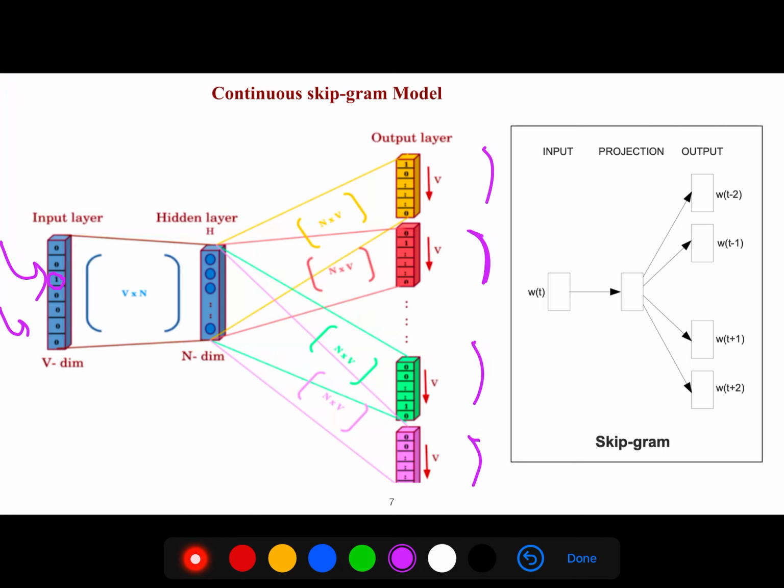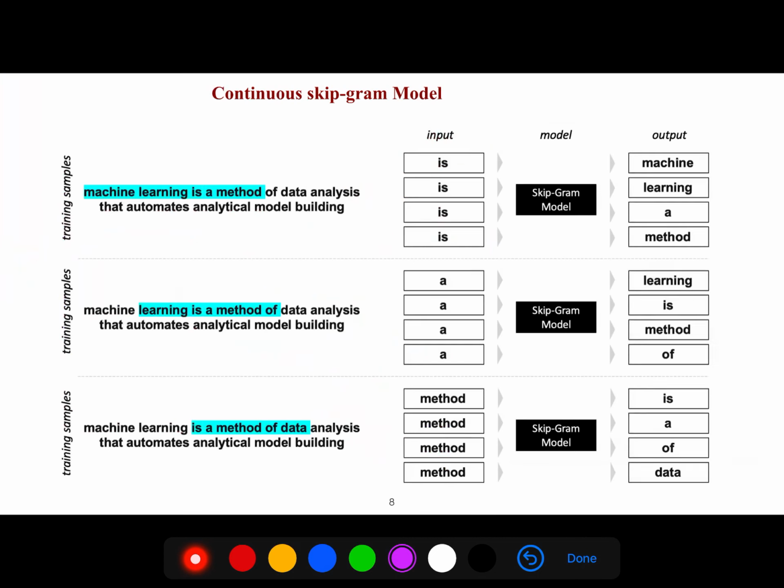So you give the center word, and what you receive is the context words. It's a probability that each word has: what is the probability of each word being in the context, the surrounding words of the center word.